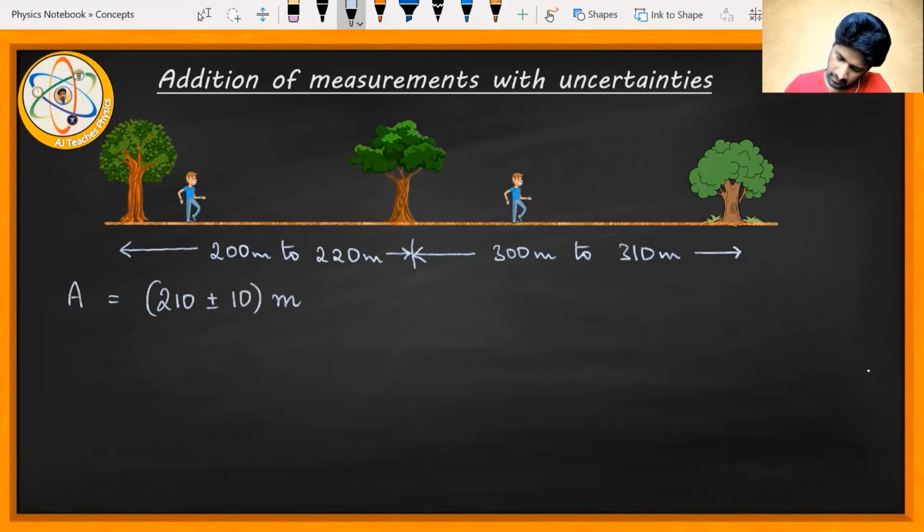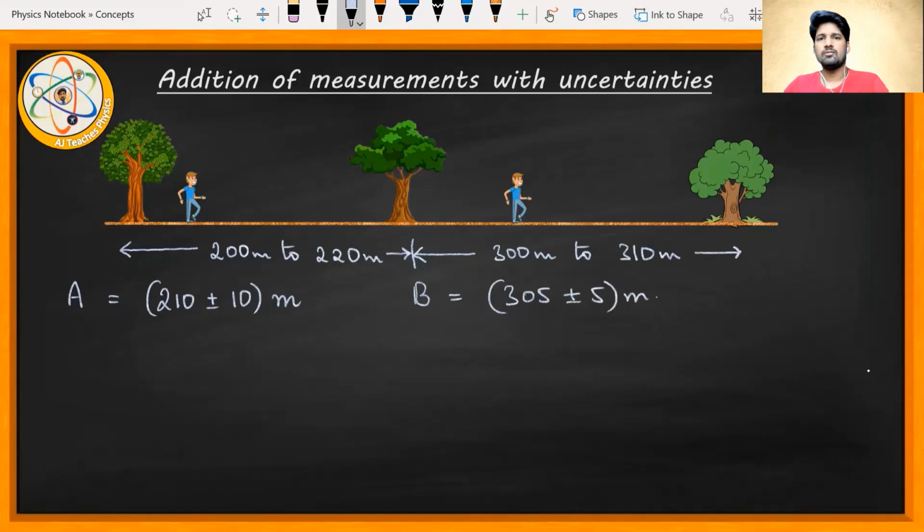Similarly, we can note the distance between the second and the third trees as B. It ranges from 300 to 310 meters. So we can write it as their mid value, which is 305 plus or minus 5 meters.